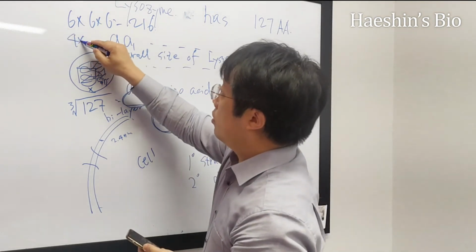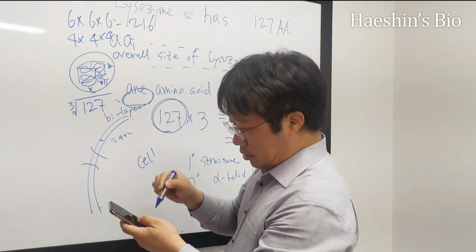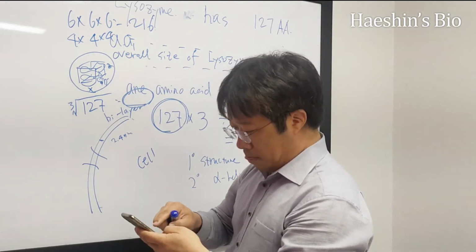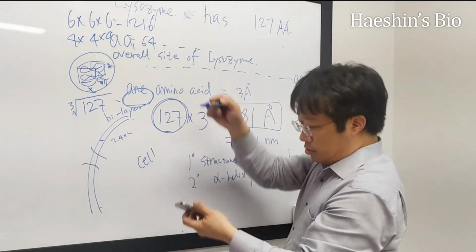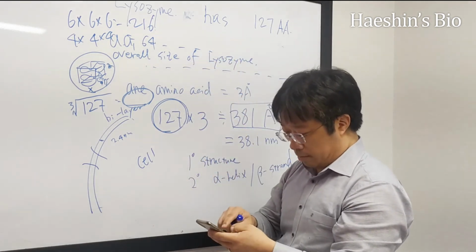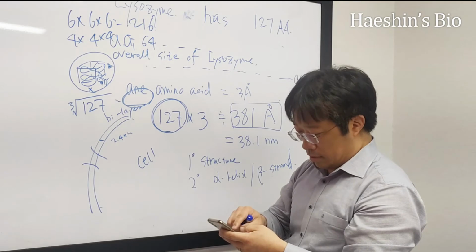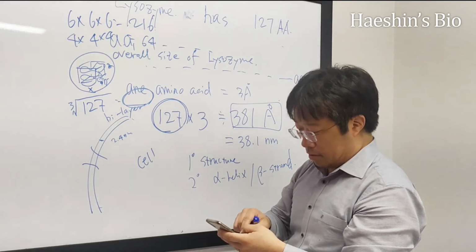I will recalculate with 4: then it's 64. So this is in between. So probably this one is 5 times 5 times 5.